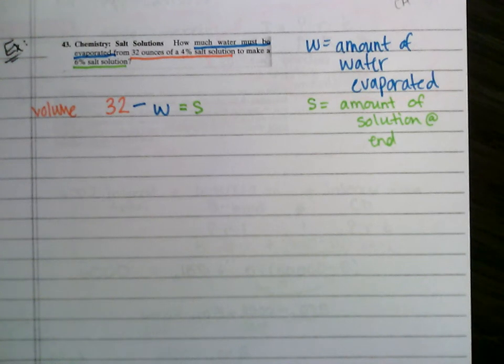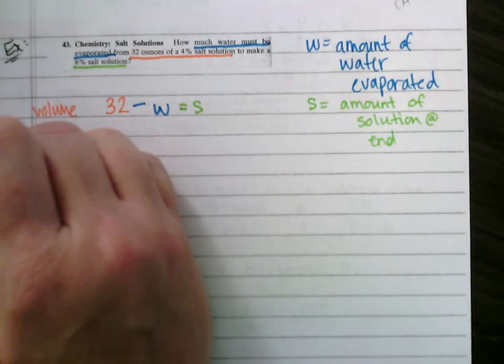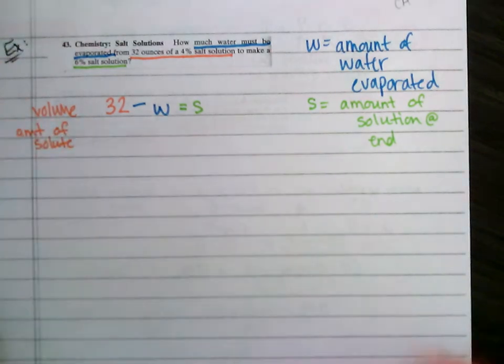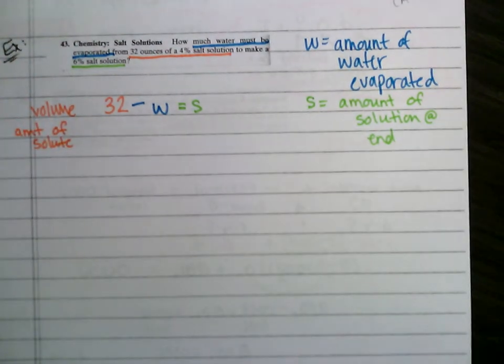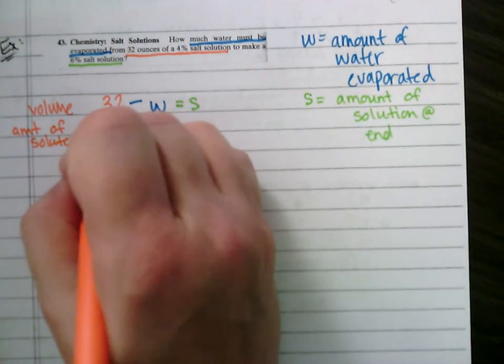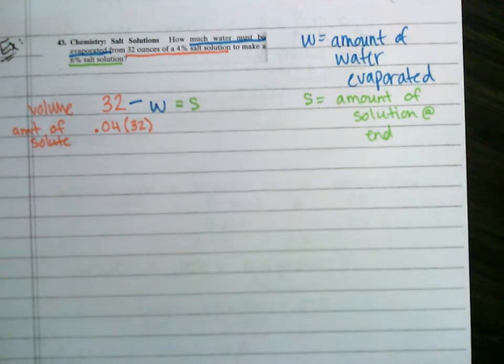And then our other equation is going to have to do with the amount of solute. That's the one where we're going to take percent times volume, and then percent times volume, and percent times volume. So our percent times volume of our 32 ounces of 4% salt solution will be 0.04 times 32.